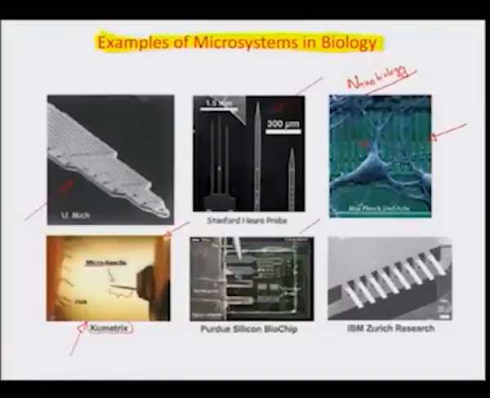This again is an example of a very fascinating area of microsystems called integrated biochips and sensors. Now this area also came into the picture because of the need dictated by the Human Genome Project, where analysis of samples became very critical at a very rapid pace.